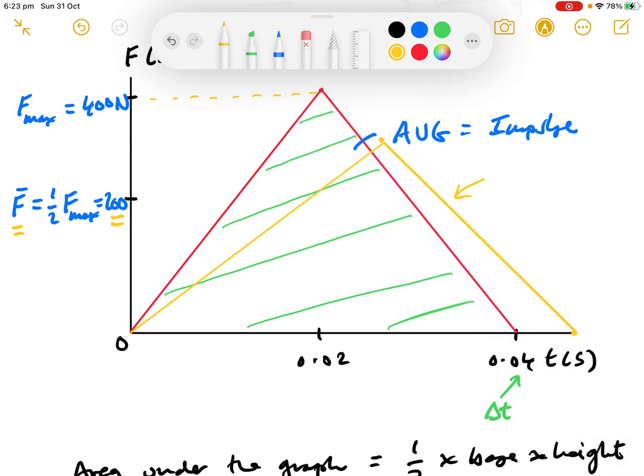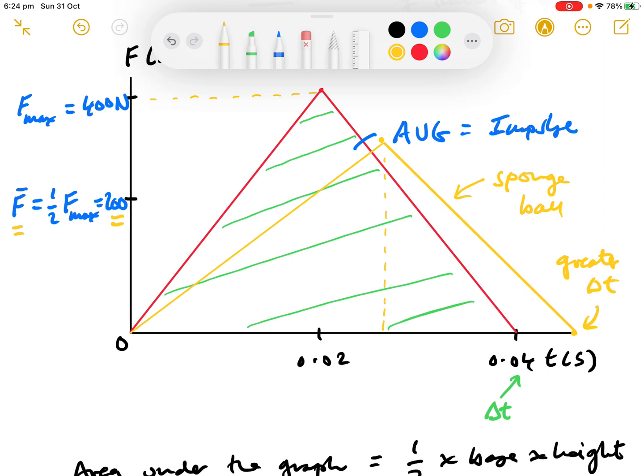So this would be a sort of sponge ball. You can see it's got a greater delta t. The softer material keeps the club in contact for longer, and it basically decompresses much more slowly.